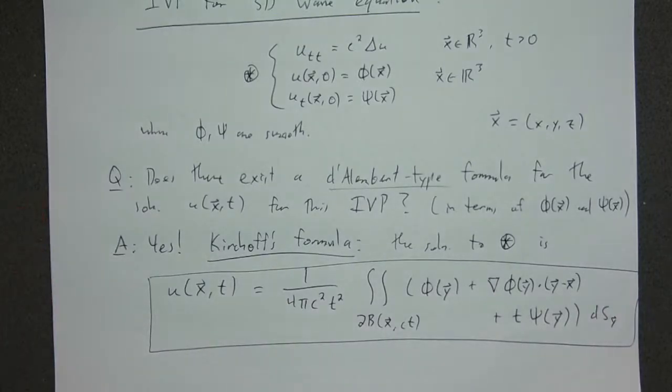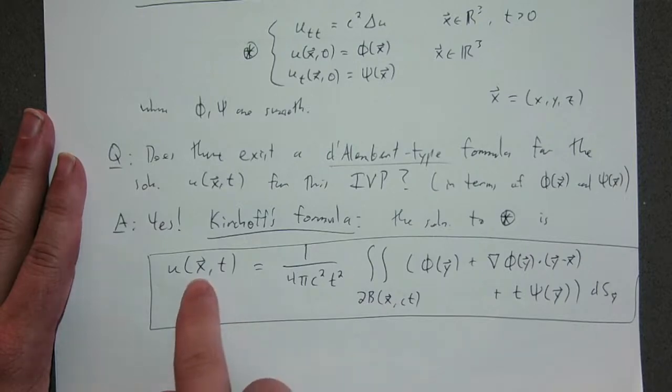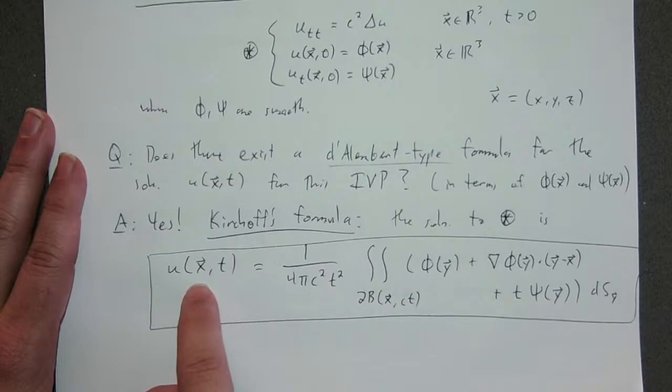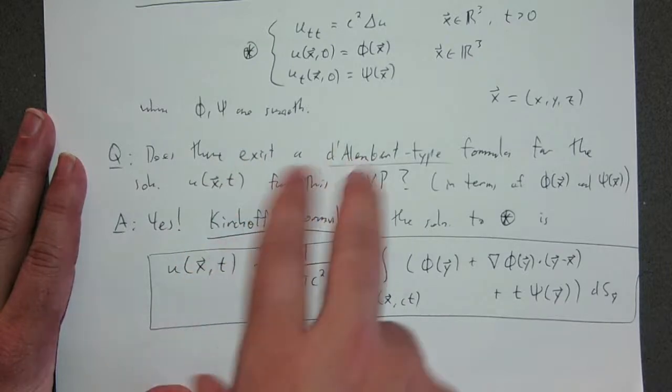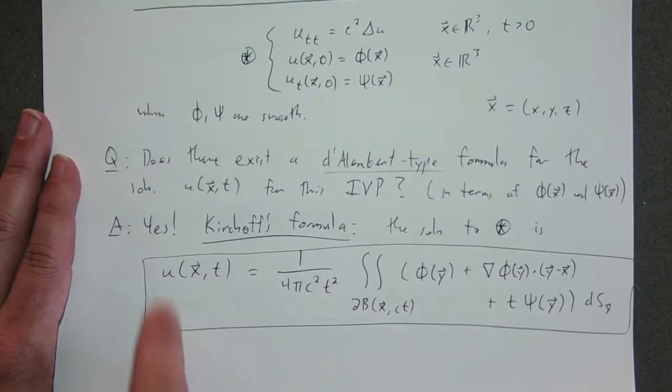Oftentimes what is done here is to denote the fixed nature of an x and t. So remember, we're thinking about this as, for some fixed point x at some time t in R3, I can find the displacement of the object in question.